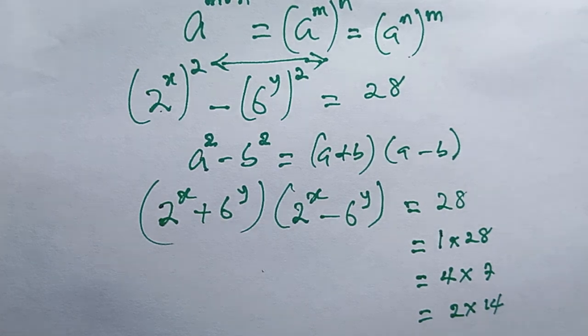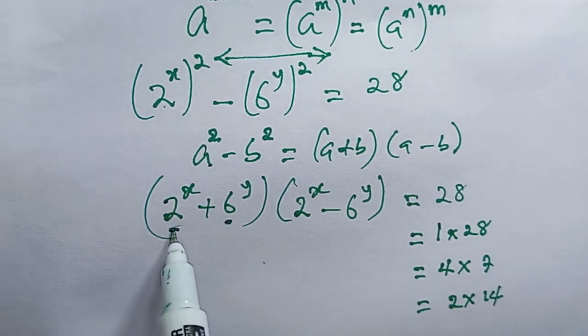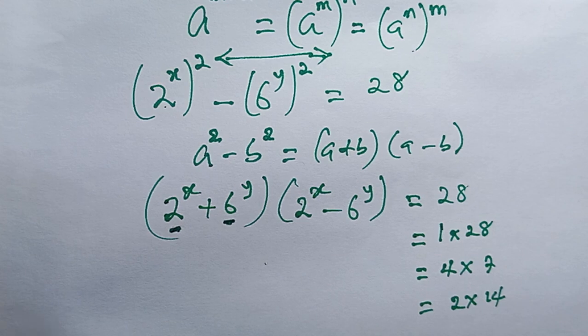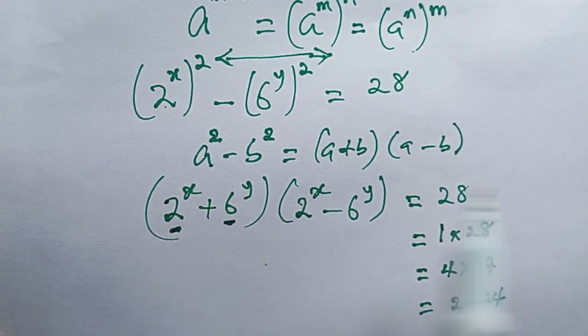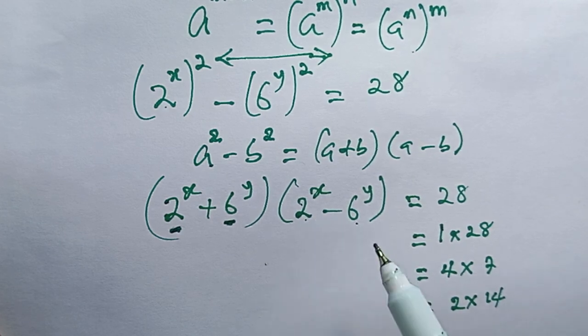When you look at these terms right here, you see that 2 power x is an even number, and 6 power y is also an even number. So when you add 2 even numbers, it will give you another even number. And the same here: this is an even number, and this term is also an even number.